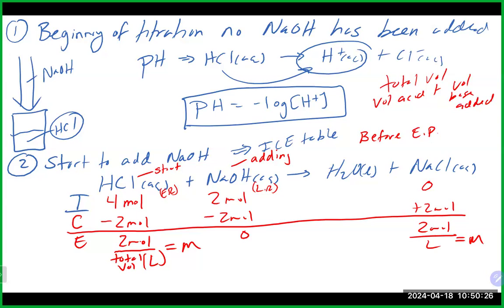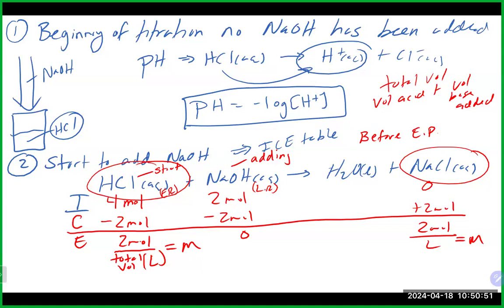So at this point, if you're not sure what's going on, you could always use your ice table to help you figure out what you have left at this point. We have sodium chloride and hydrochloric acid. By the way, should I use the Henderson-Hasselbalch equation here? Is that a buffer? That is not a buffer because HCl is a strong acid.